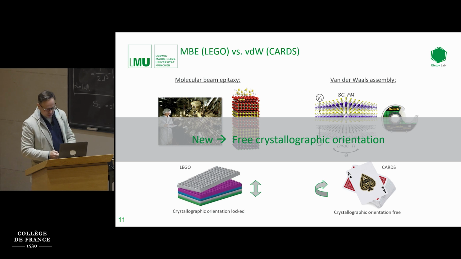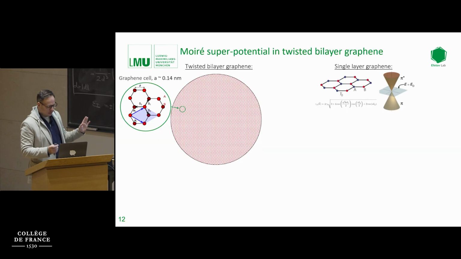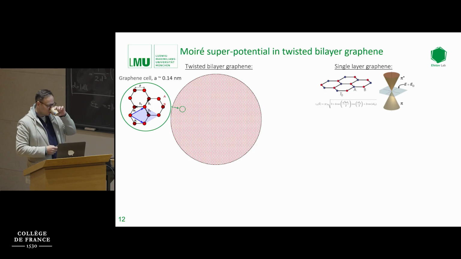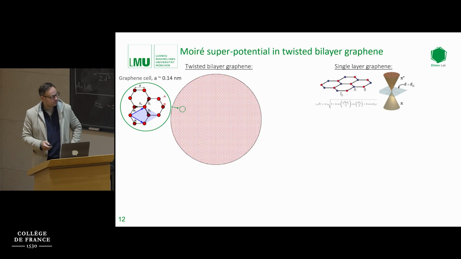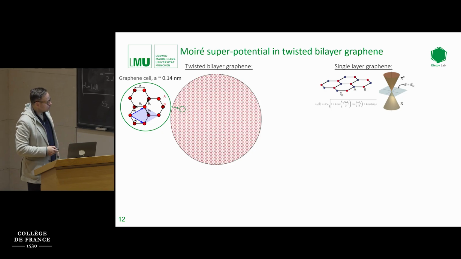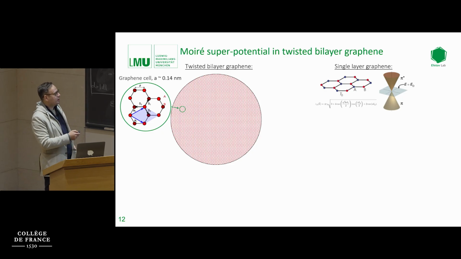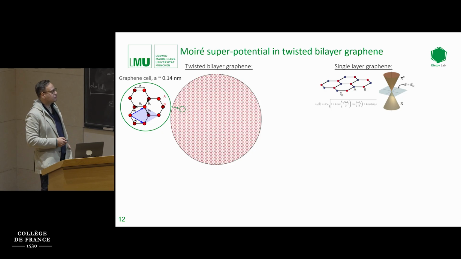Okay, so let me walk you through how we go from single layer graphene to twisted bilayer graphene. We can start with just a single honeycomb lattice made out of graphene. Again, the unit cell is on the order of angstroms.